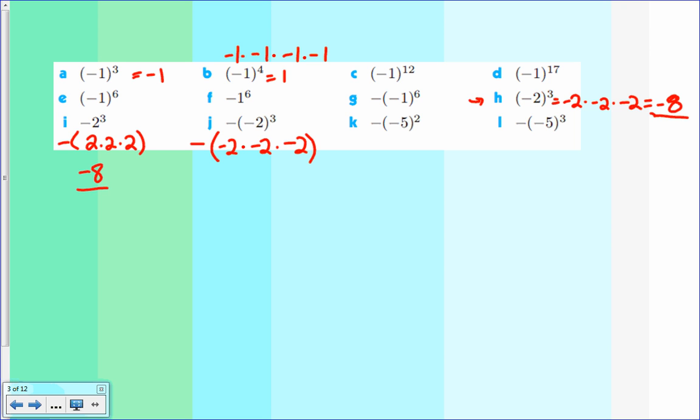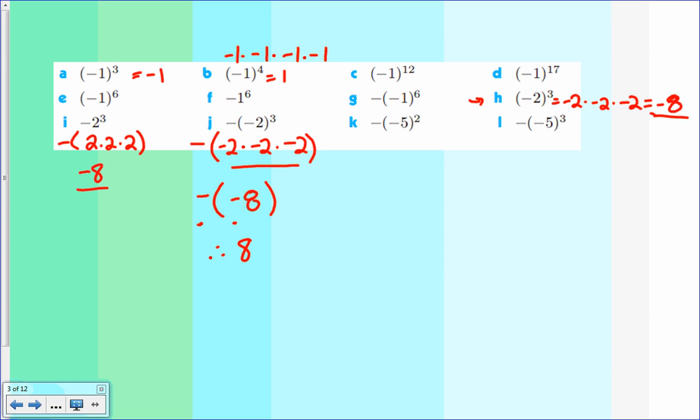So if I multiply these 3 together, I get -8, just like I did in H. And then if I multiply that negative here times a negative, I get +8. So hopefully you worked through the others and you did okay.